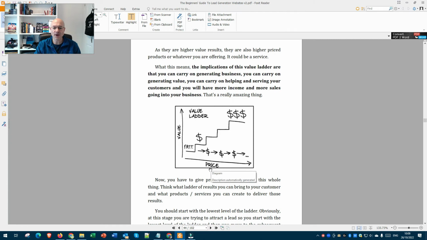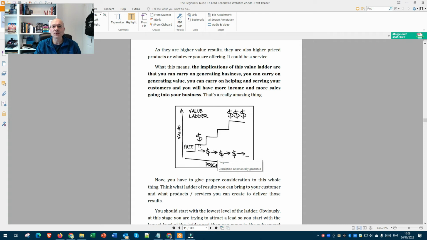You see, the value ladder means that you may have only one product, making a certain amount of money. You are giving a level of value to your customer.